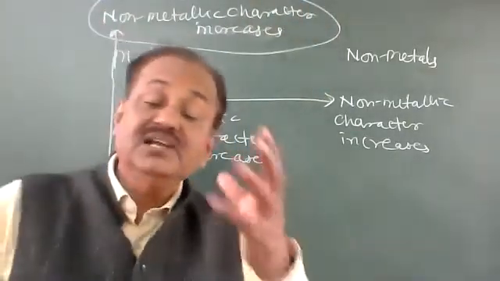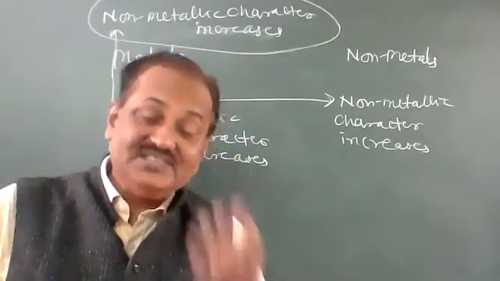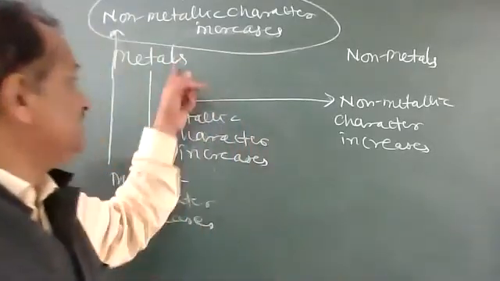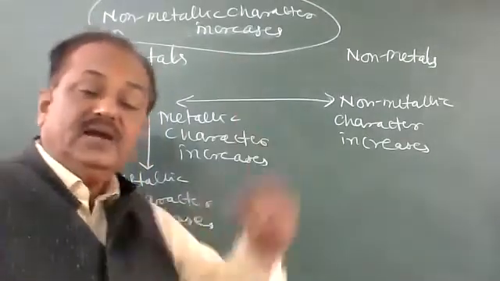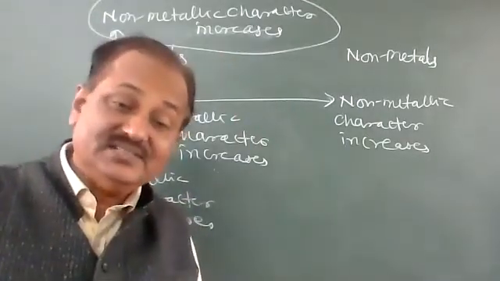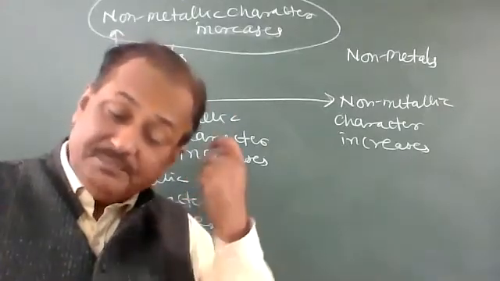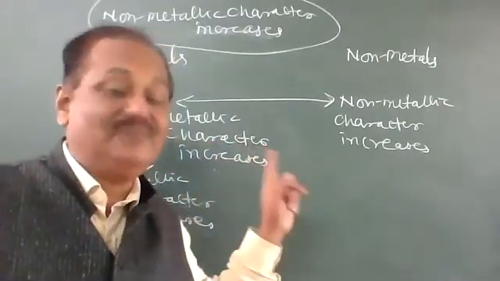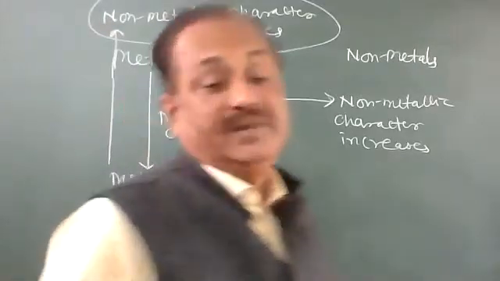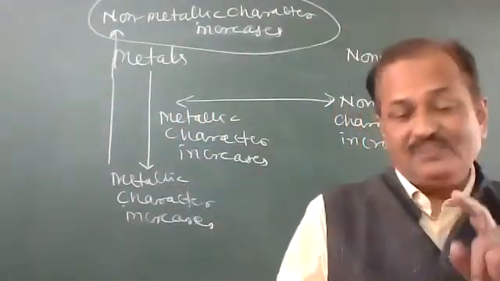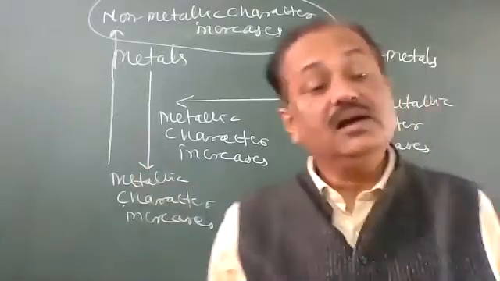Why? Because size is the key factor. On moving from bottom to top, atomic size decreases. So metallic character is there, but they are less metallic. Elements at the top in any group are less metallic. At the bottom, they are more metallic.